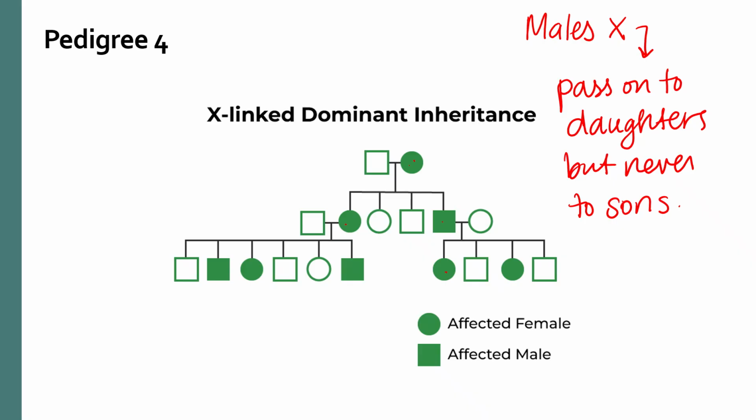So this mom has passed to her daughter, this mom has passed to her son. So females pass to either. But if we look at the male here, he only passes to his daughter. And so X-linked dominant is a little bit harder to identify. You have to look really closely at who is inheriting the trait from whom.